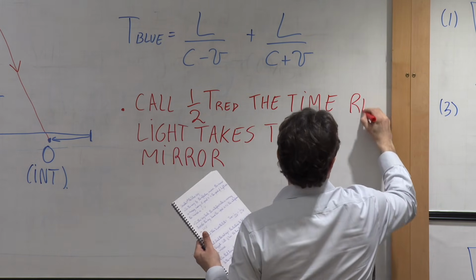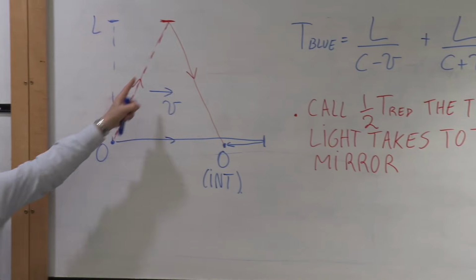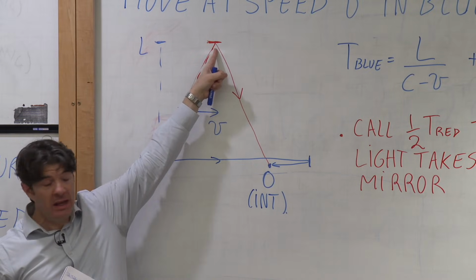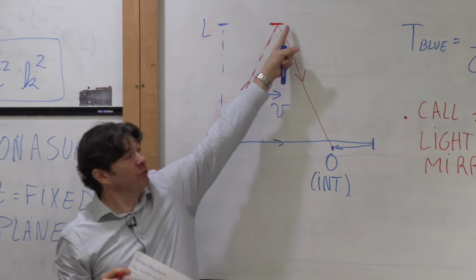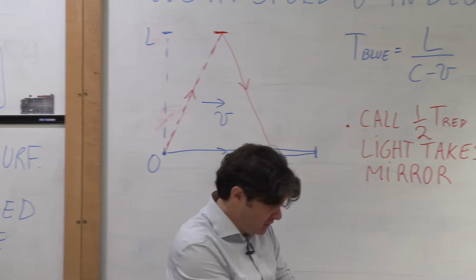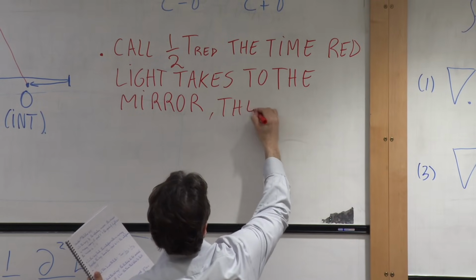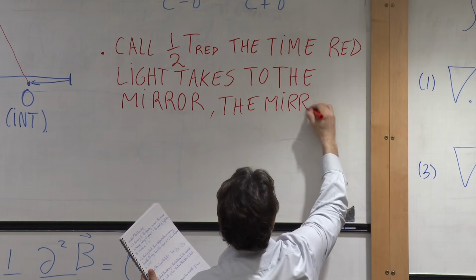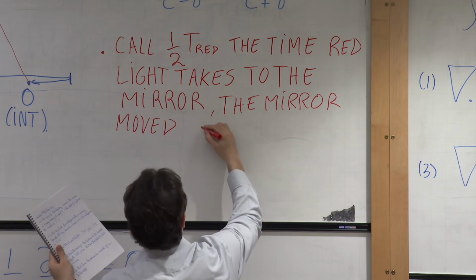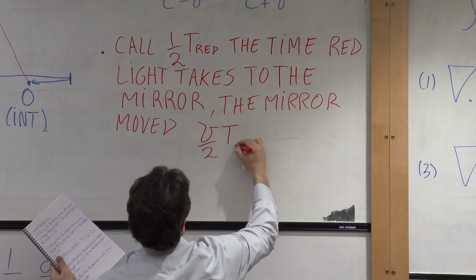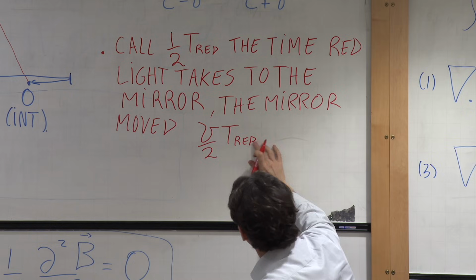Okay? Red light. So the time that light takes to get from here to this mirror here. Okay? Now, in this time, half T red, the mirror has moved, okay? And how much has it moved? In this time, the mirror moved v times the time, which we are calling T red over 2, so v T red over 2, okay?